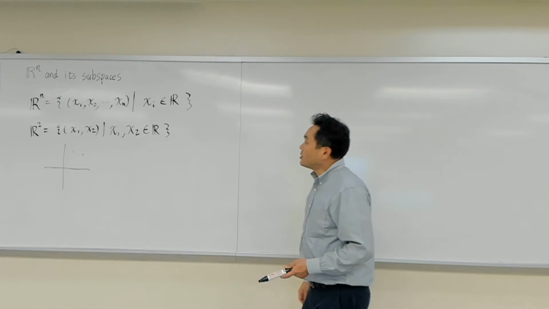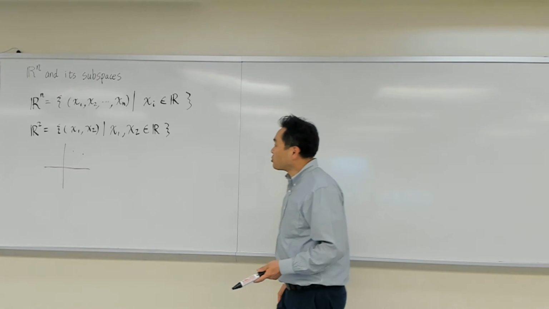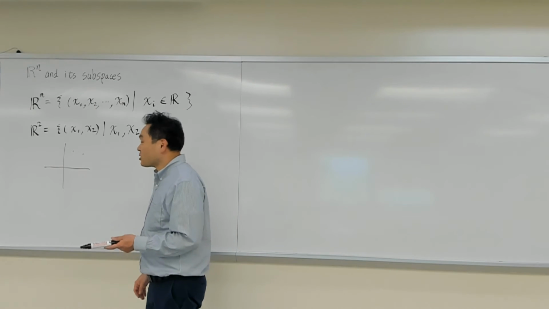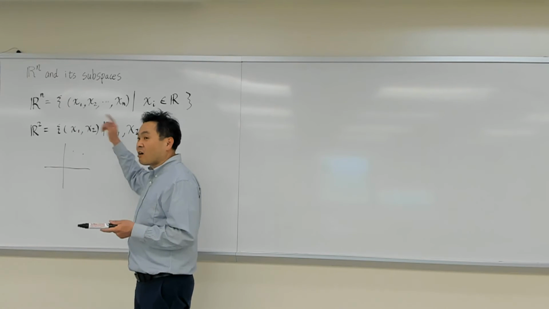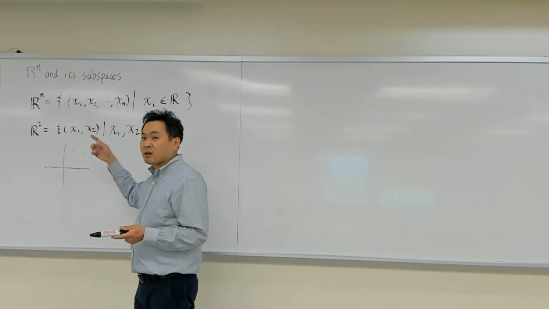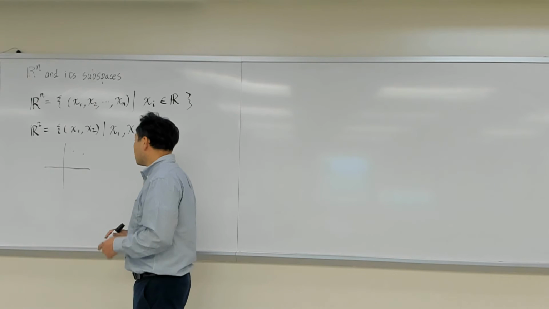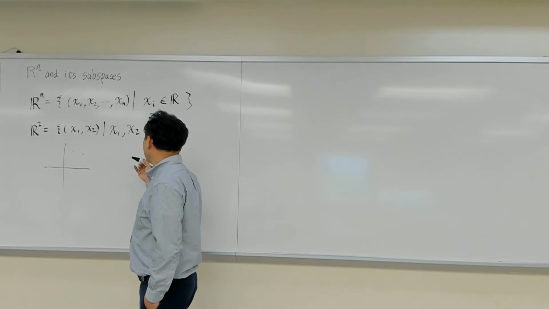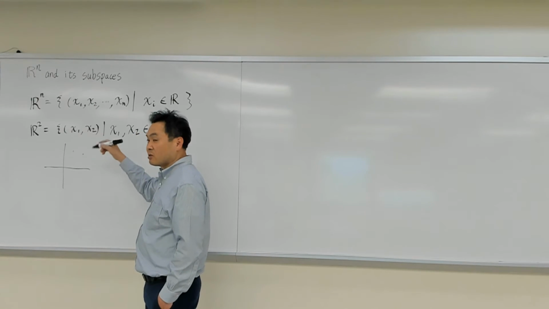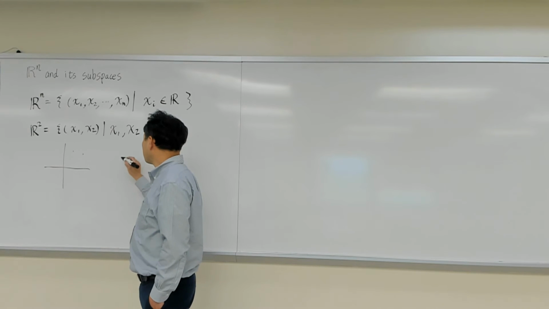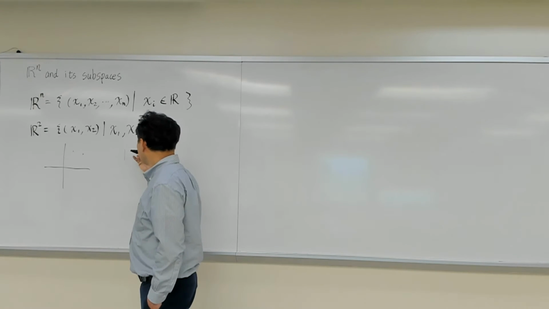Now, we're not just going to work with Rn or R2. We're going to work with these Rn with some extra operations on them. So the two operations that we're going to impose on this Rn, let's just use R2 so that it's easy to understand what's going on.